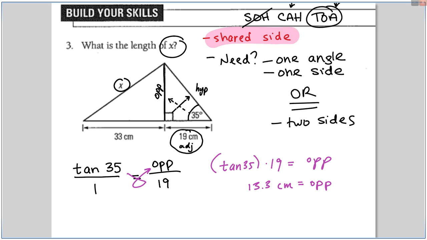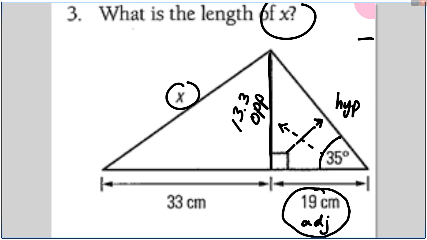So now that I got this opposite side of 13.3, what can I do on this triangle here? Focus on this right triangle.